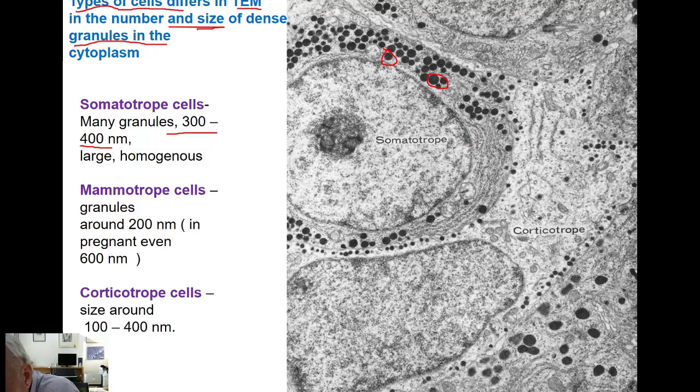You see the rough endoplasmic reticulum here, yes, very nicely, but the granules are present here. You see the nucleolus in the nucleus, yes.